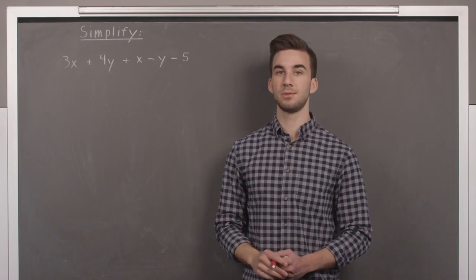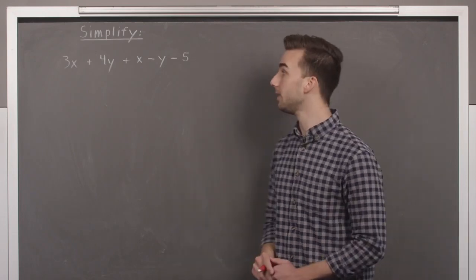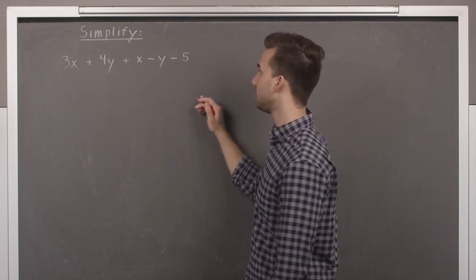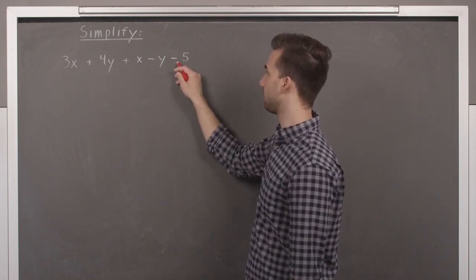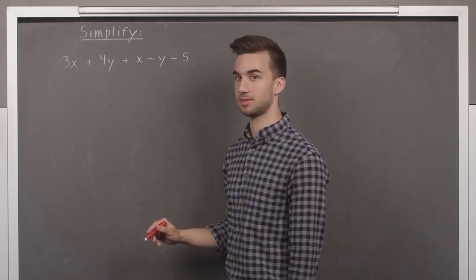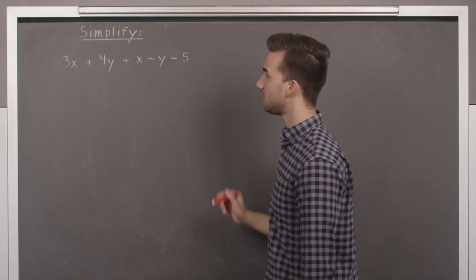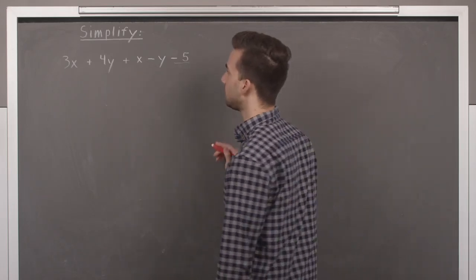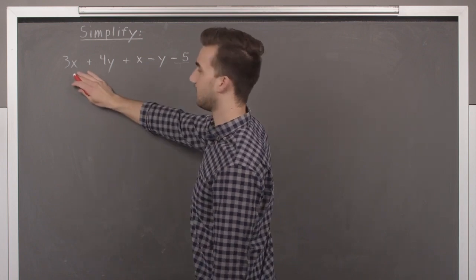In this example, we can do the same thing. We have a certain amount of x's, and we have a certain amount of y's, and then we're also left with just a real number. So we can add up all the real numbers together also. But let's do our first step and group all the like terms.